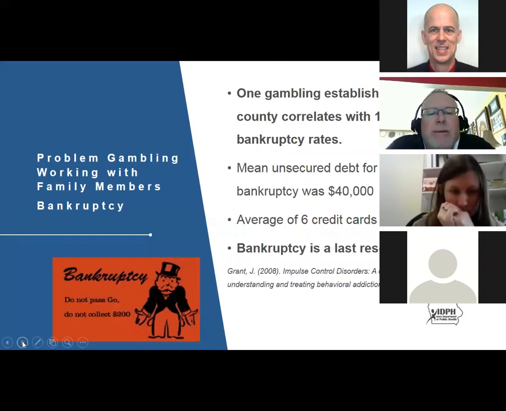So move on. We will talk about bankruptcy as a last resort, but the interesting part about this is that if there's a gambling establishment in the county, there are 18% higher bankruptcy rates, which means there are people who are getting in trouble with gambling and they are bankrupting out.